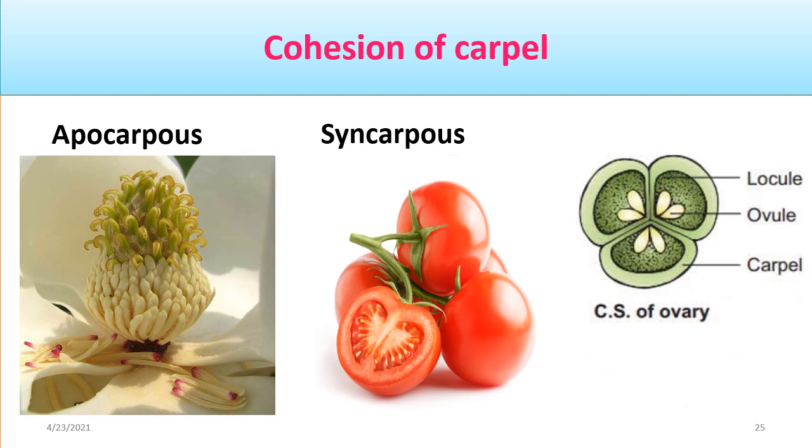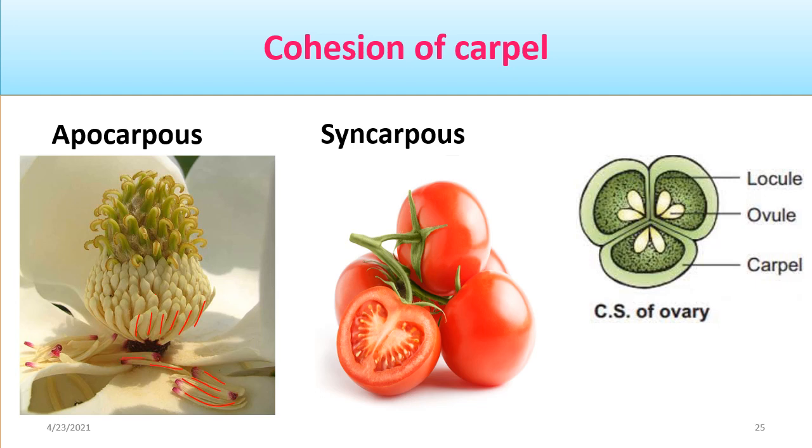Now next part is cohesion of carpel. As I already told you, it is one whorl, the members of the same whorl. Now if you look here, these are actually stamens and they are free right from the base up till the tip. They are completely free from one another. Here you can see some stamens have fallen off.